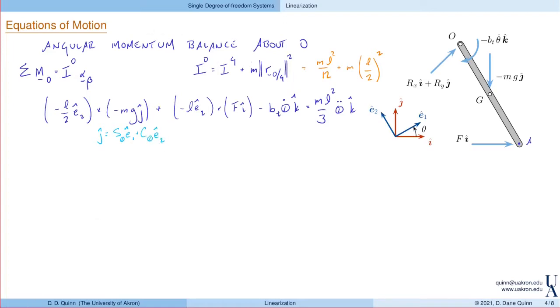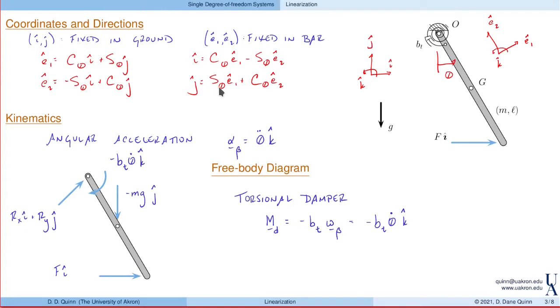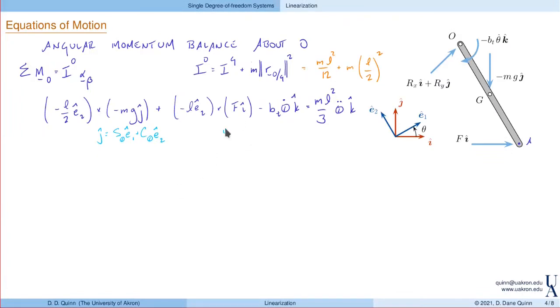That was from the previous slide. So J is sine plus cosine. I is cosine E1 minus sine E2. So we'll make use of that here. I is cosine E1 minus sine of theta E2. And then we'll work these cross products out.